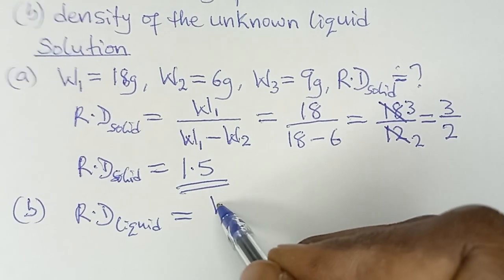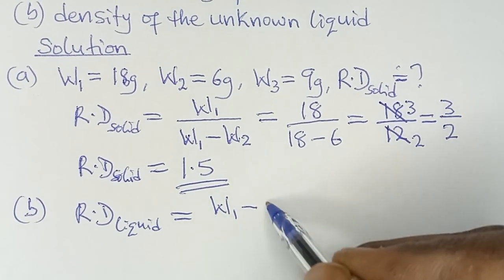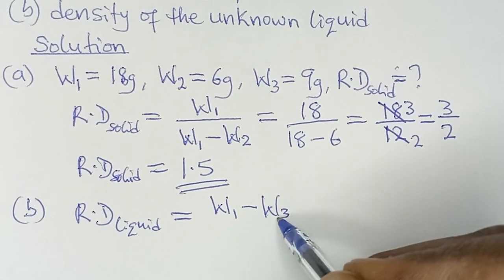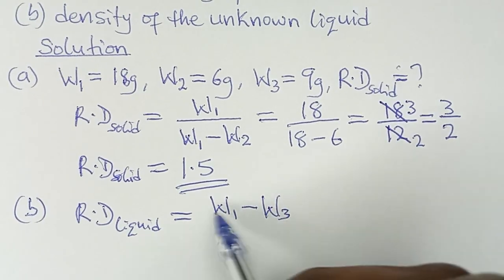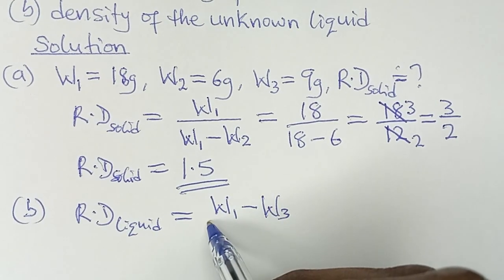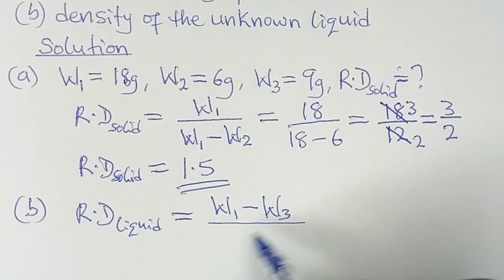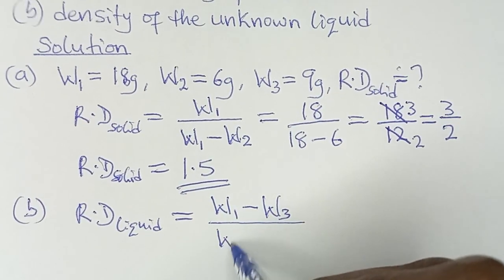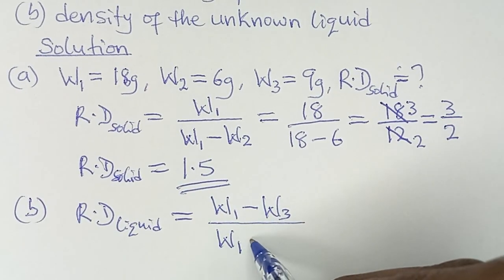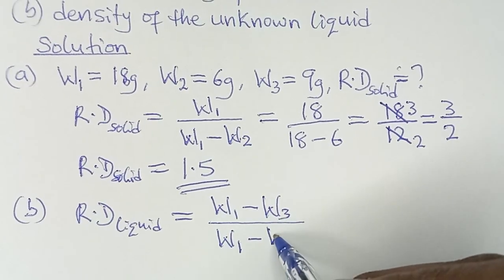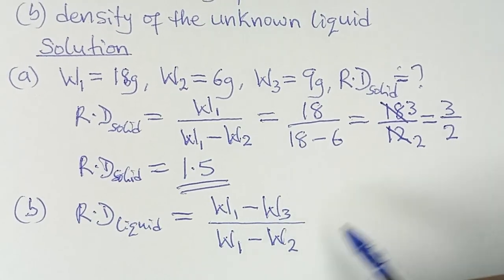So it becomes W1 minus W3. This is the loss of weight of the solid inside the liquid. Now, divided by the loss of weight in water. That is W1 minus W2.